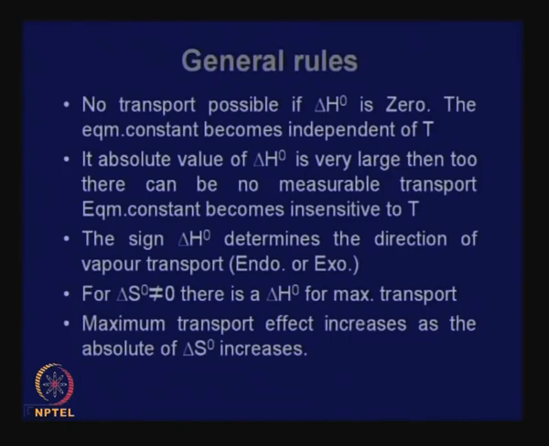The sign of delta H naught determines the direction of vapor transport. Whether it is endothermic or exothermic will determine whether you will form the vapor at a lower temperature and decompose it at a higher temperature, or form it at a higher temperature and decompose it at a lower temperature.